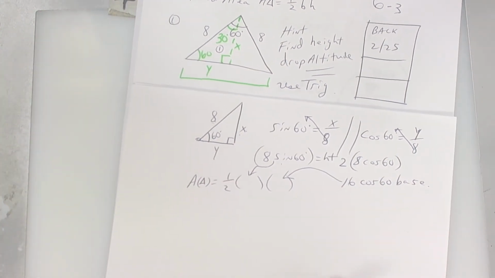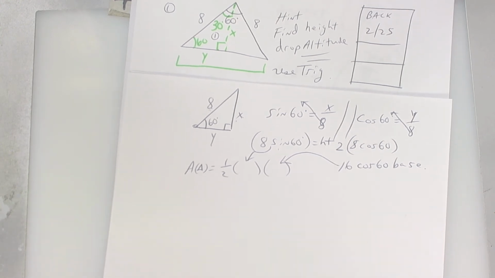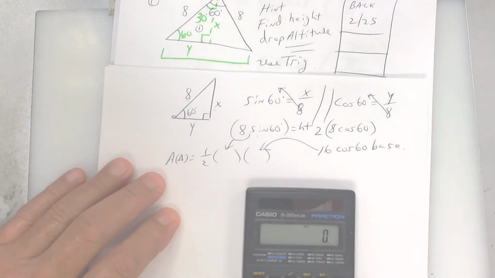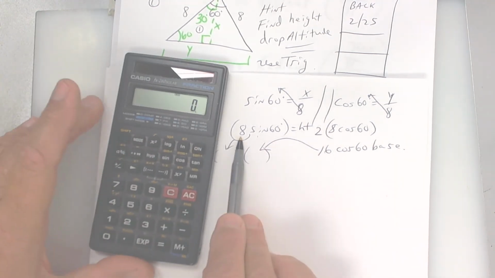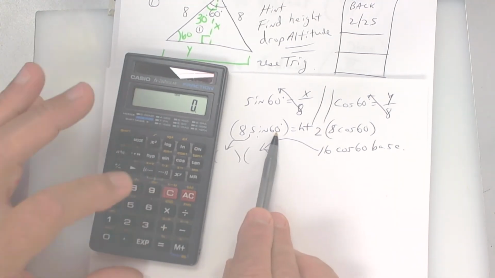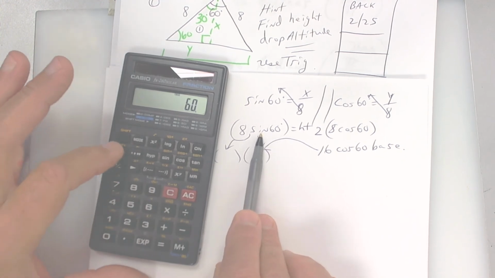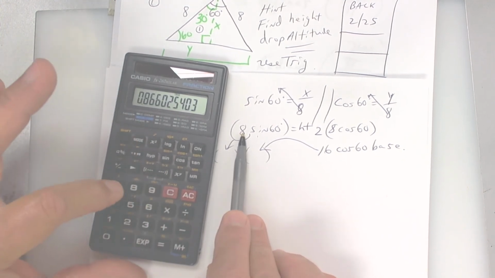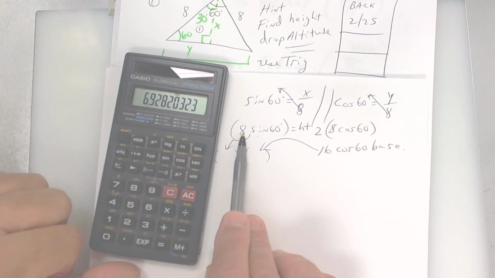So you get your calculator. Now watch carefully, and I want you to do this. Get your calculators out. Here we go. I'm going to start here. I'm going to take 60 sine times 8. That's my height.